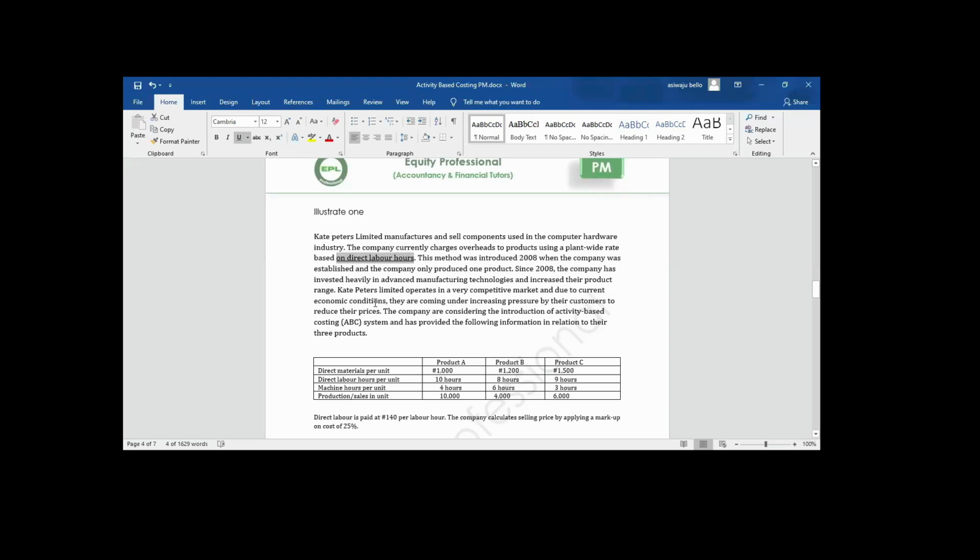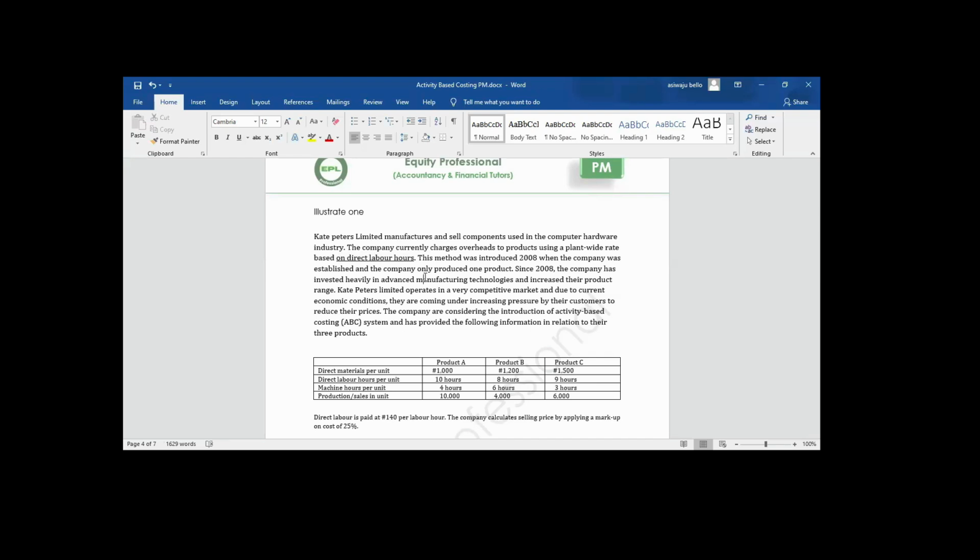Currently, overhead is charged to product using direct labor hour. You can continue, ma'am. Okay. This method was introduced in 2008 when the company was established, and the company only produced one product since 2008.